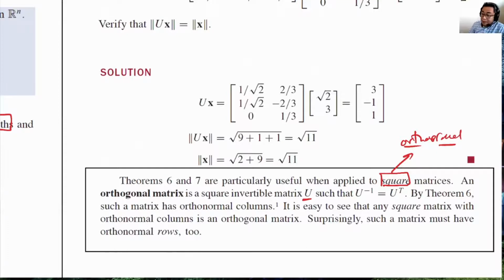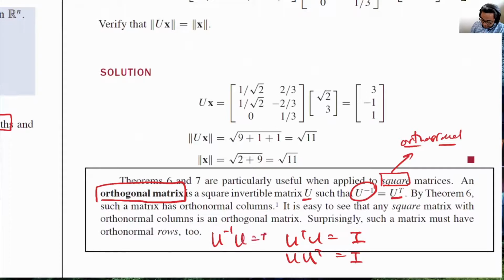In this particular case, such a square matrix is called an orthogonal matrix because its inverse is equal to the transpose, because U transpose U equals I, and an inverse matrix satisfies U inverse U equals I. So an orthogonal matrix is a very special matrix because its inverse is simply its transpose.